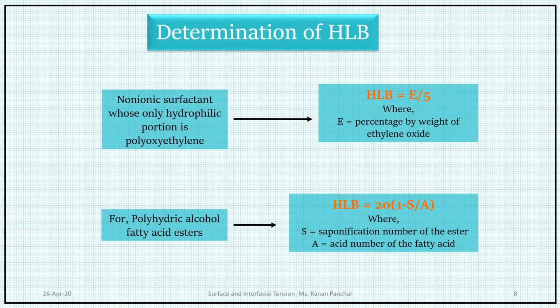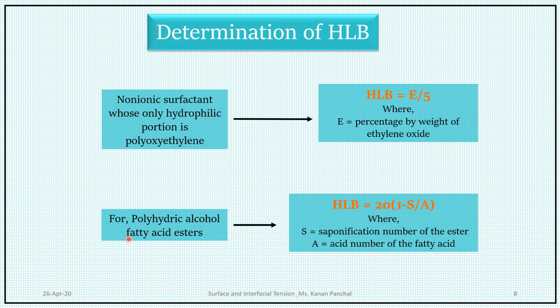There exist certain standard methods of determining HLB values. If your surfactant is non-ionic, having only polyoxyethylene as the hydrophilic portion, HLB is calculated by this formula, that is E by 5, where E is nothing but the percentage by weight of the ethylene oxide.